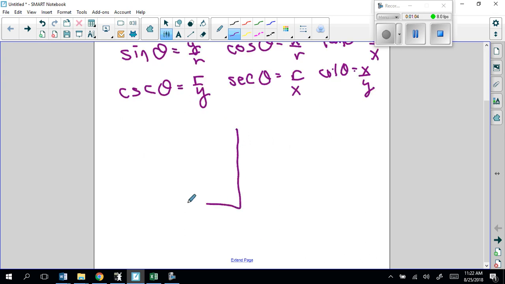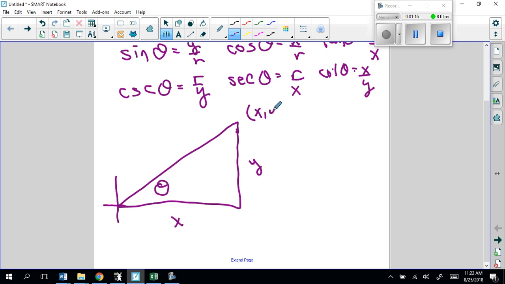And if you have a triangle, let's say it's positioned here, and you have some angle theta, and you have some point x, y, and you know x squared plus y squared equals, well, let's call this the radius of the circle, r squared.